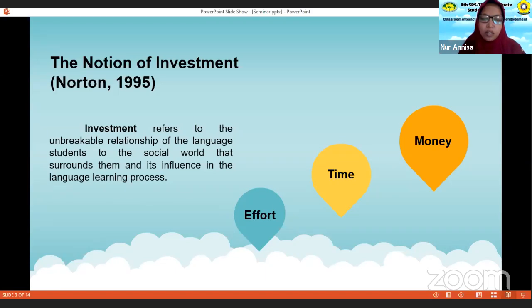When students invest, they will give their effort, time, and also motivation. And also they invest because they are hoping and expecting, we can say that they have a goal for why they invest in language learning.